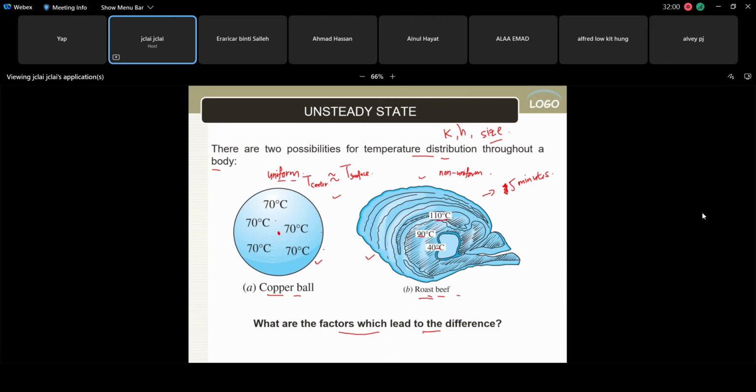For a copper ball, if it is small enough, then we can assume the temperature distribution is uniform. But if you have a very big copper ball, then the temperature distribution might not be uniform throughout the body. So size is the third factor.